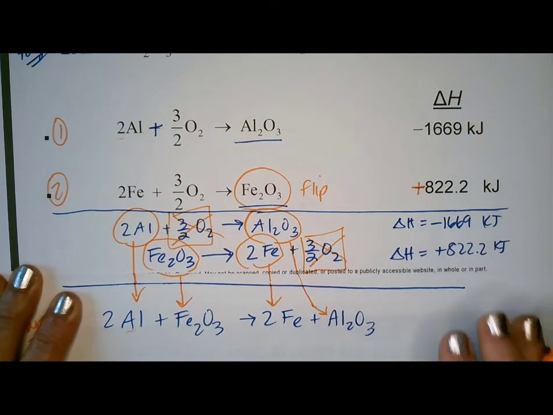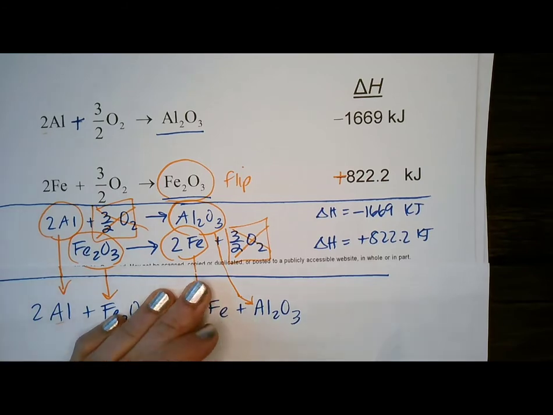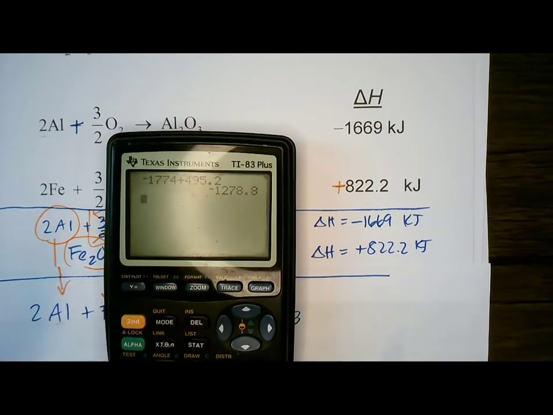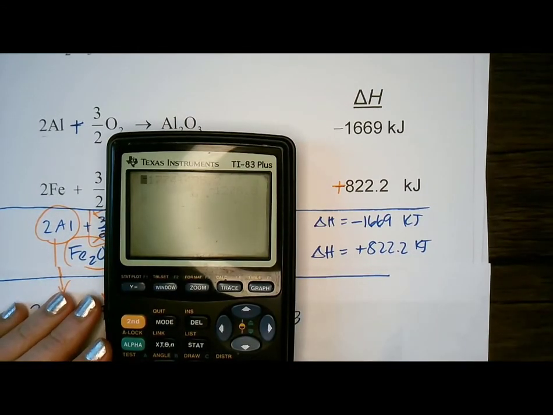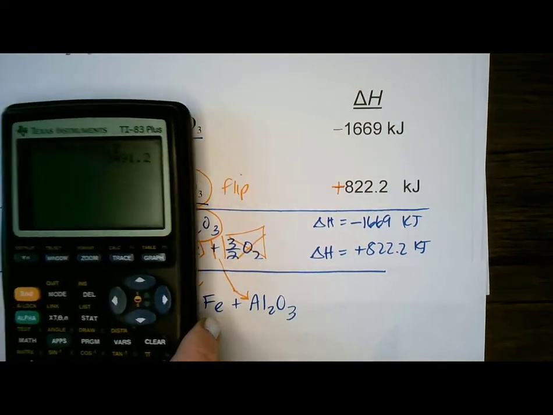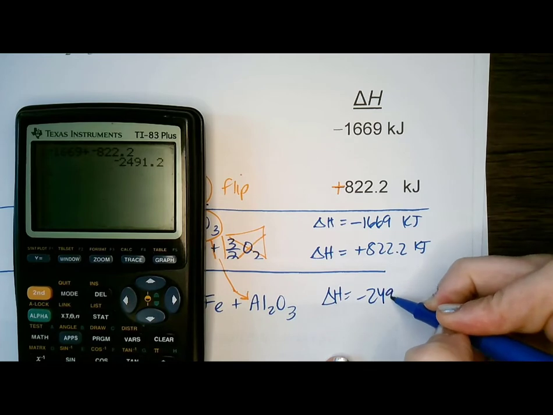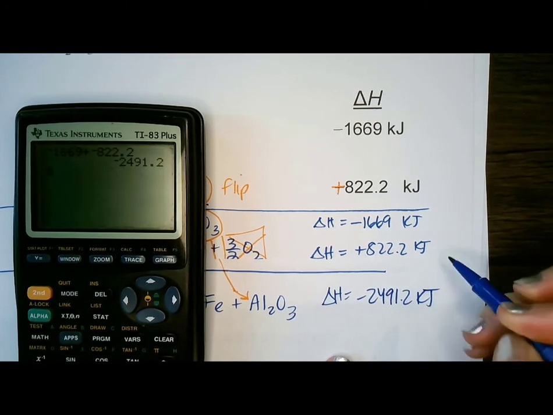They cancel out. Sweet. Okay. Now all we need to do is add our delta H's. So negative 1669 plus negative 822.2. So our enthalpy to create our target equation is negative 2491.2 kilojoules.